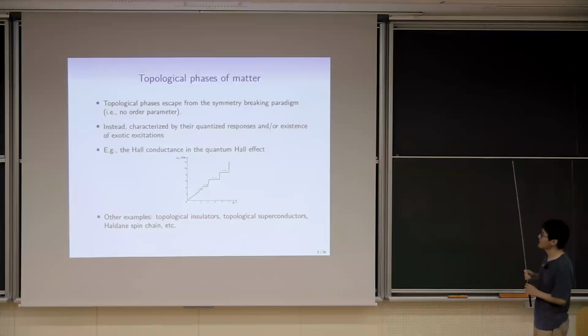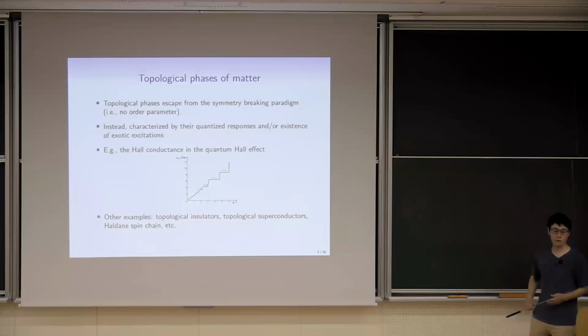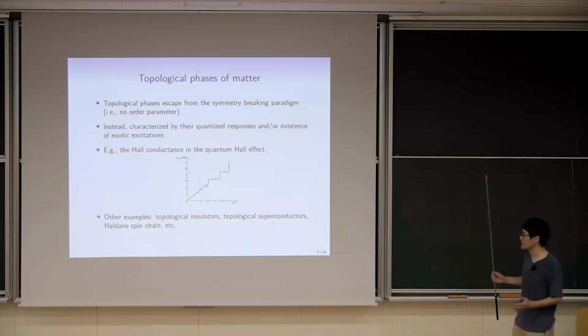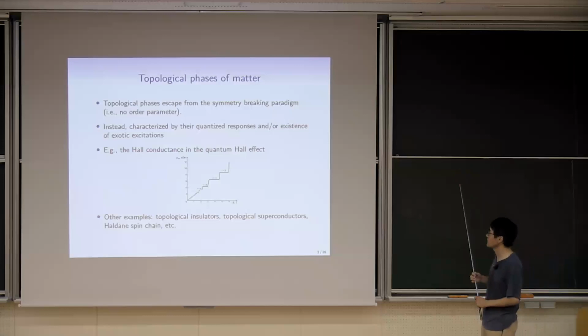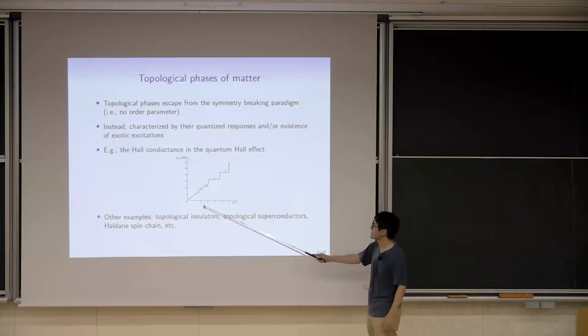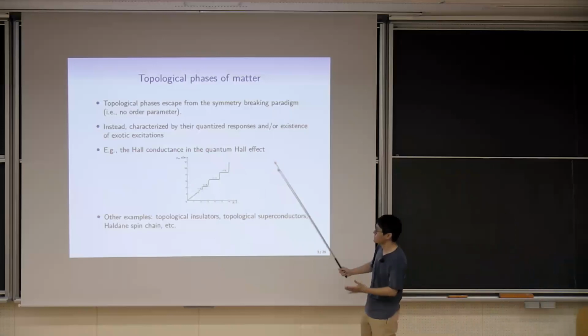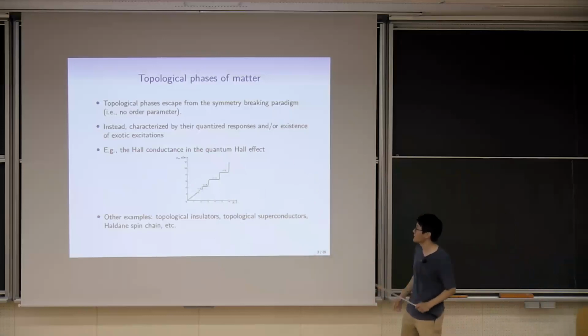By now, there are many interesting known examples, and the most famous is the quantum Hall effect. There are the integer and the fractional quantum Hall effects, but as a start, I'm just presenting the integer quantum Hall effect. You can think about a phase diagram in terms of the magnetic field, and for each phase we plot a transport quantity, sigma xy, or in this plot it's actually rho xy.